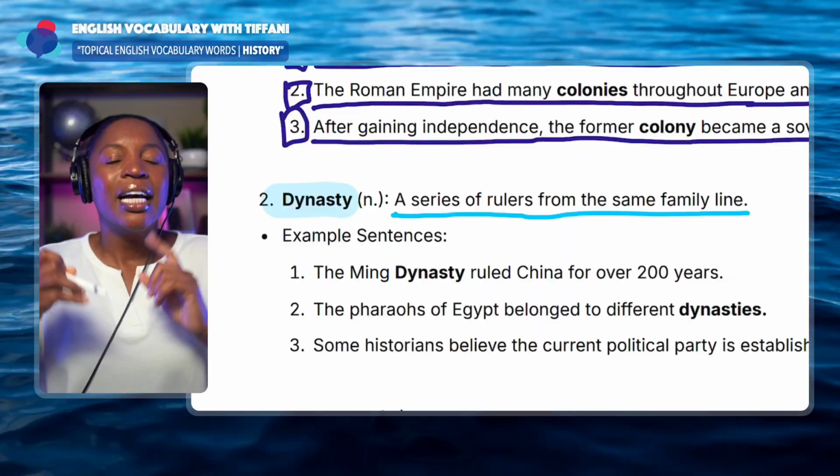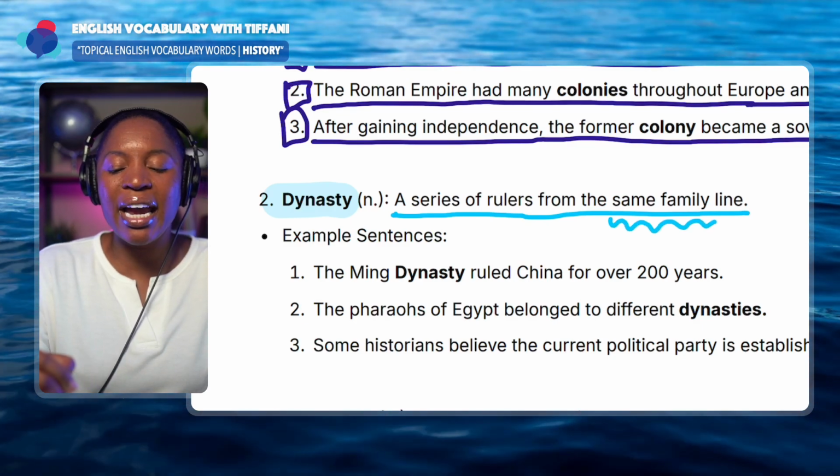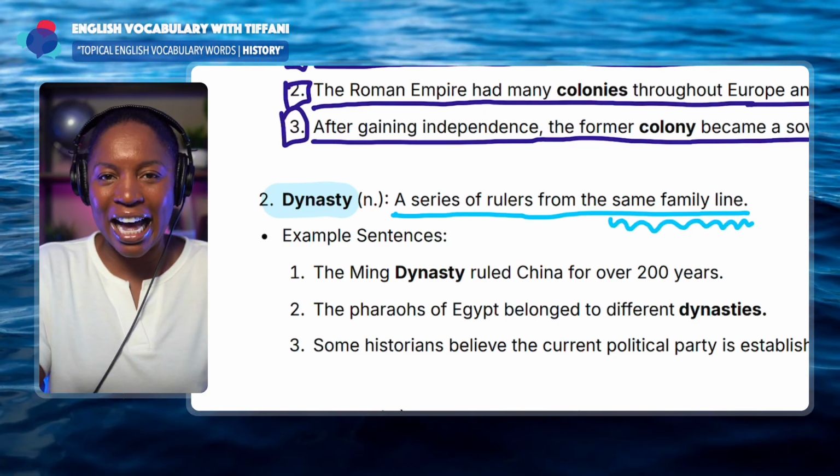Then my son gets married and has a child, and it happens to be another son. His son, after he dies, will become king. This is an example of a dynasty. Again, a series of rulers from the same family line.